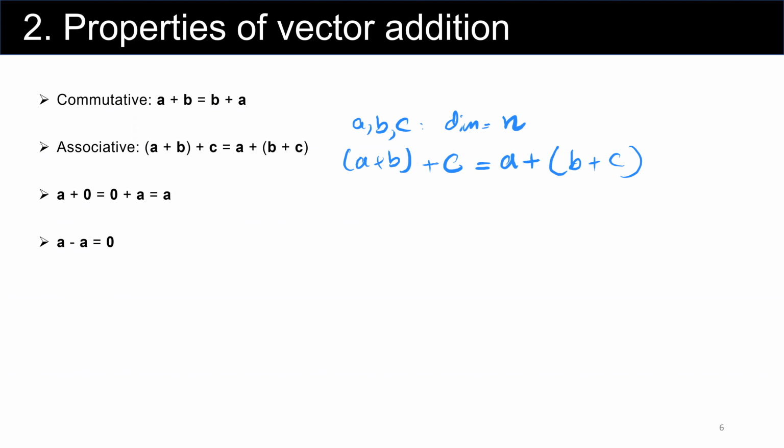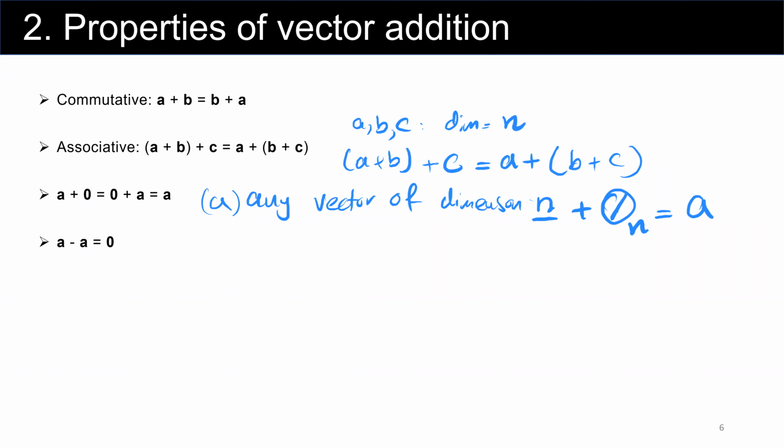The next one is the zero component. So if you sum up any vector of dimension n plus the zero vector with dimension n, it is equal to the same vector.